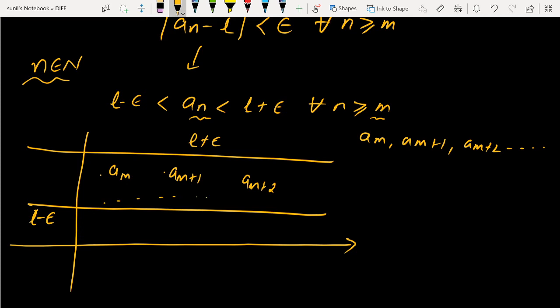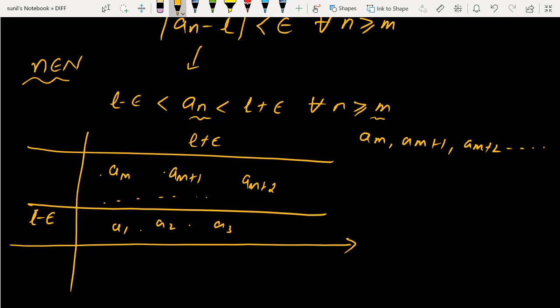So eventually after this stage, all the terms of the sequence will lie between these two strips, and before that the terms may not lie here. Now friends will understand the significance of m.